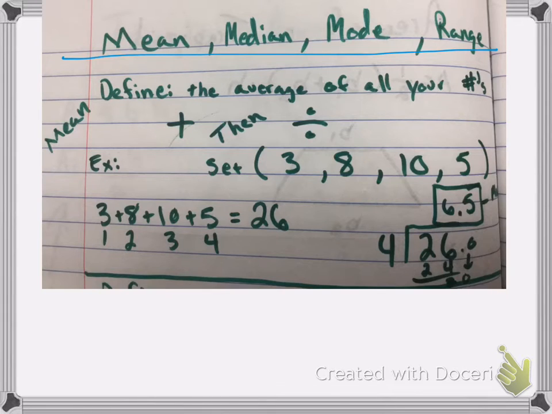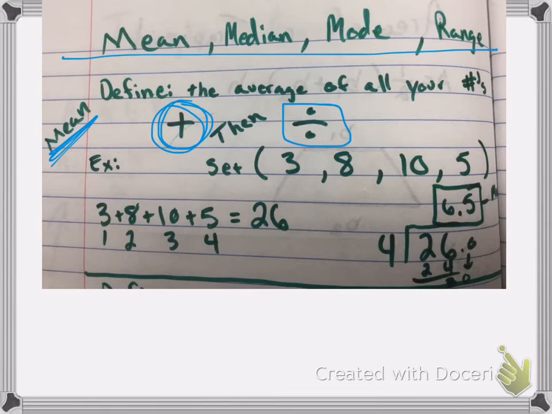The definition of mean is the average of all your numbers. To find the average, you must first add your numbers together, and then you need to divide by how many numbers are in your set.